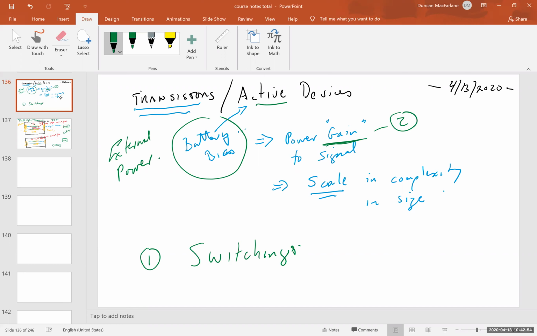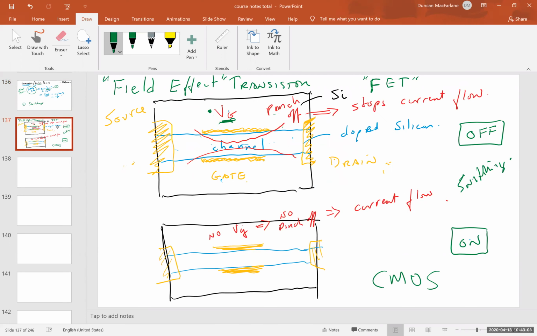Your cell phone has to charge. The battery in the cell phone is there to provide the power, so that it can regulate the flow of current through all these little channels.